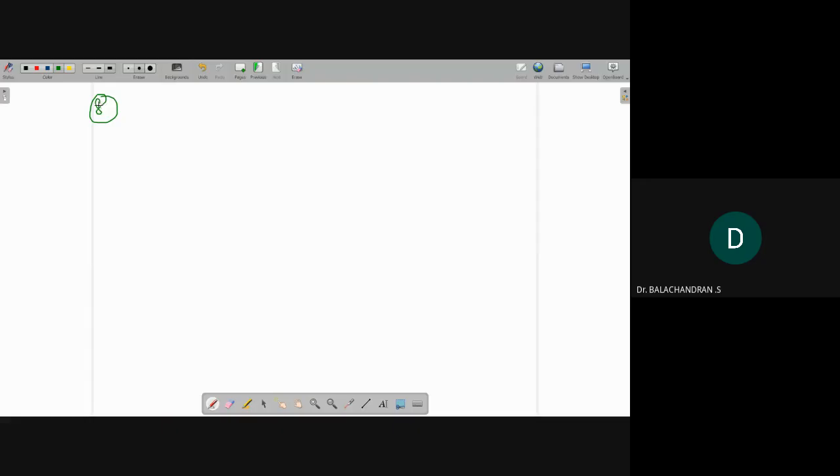So next problem, you should try. Find the general and the singular solution of y equal to px plus root of a square p square plus b square.